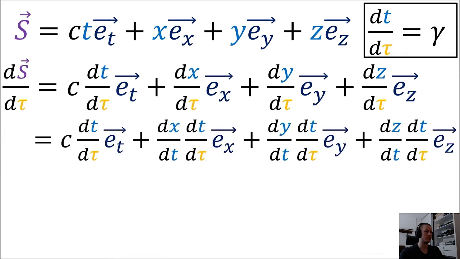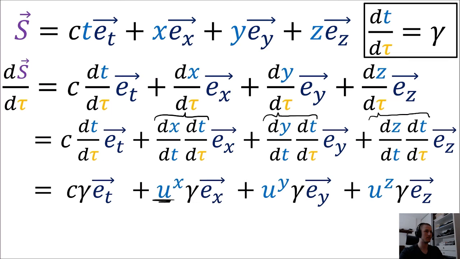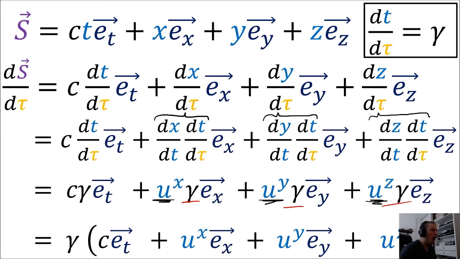We can use this chain rule approach for all derivatives of space coordinates with respect to proper time, and this gives us the ordinary non-relativistic velocities with respect to the t coordinate times dt by d tau, which is just gamma. If we factor out the gamma that appears in every term, we see that the four-velocity ds by d tau equals gamma times the vector c e_t plus u^x e_x plus u^y e_y plus u^z e_z, where the lowercase u denotes the non-relativistic velocity.